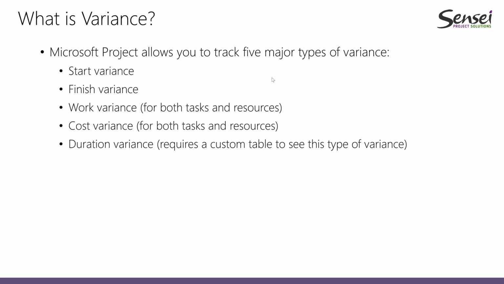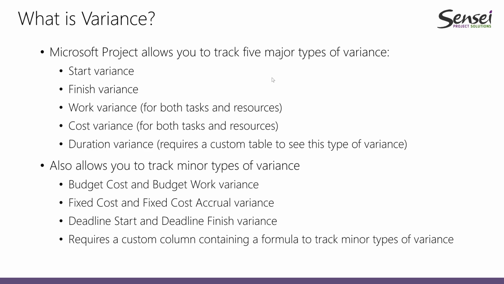So every time you set a baseline, this information is recorded, and then you can compare, and the system does the calculation for the variance automatically for all of them. And this allows us to track minor variances as well if needed. So we can have a budget cost and budget work variance. We might have a fixed cost and fixed cost accrual variance.